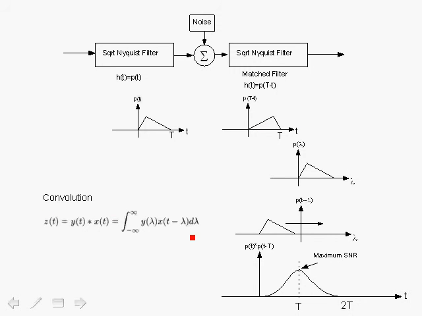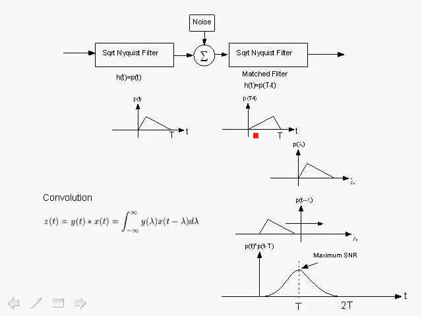Here's the expression for convolution, and we won't go through too much detail, but as you may recall, in convolution, we have the signal y sub lambda, and here in this case we have p sub lambda as a function of lambda, and x of t minus lambda, and notice that we have x of minus lambda, so we have a mirror image of the impulse response.